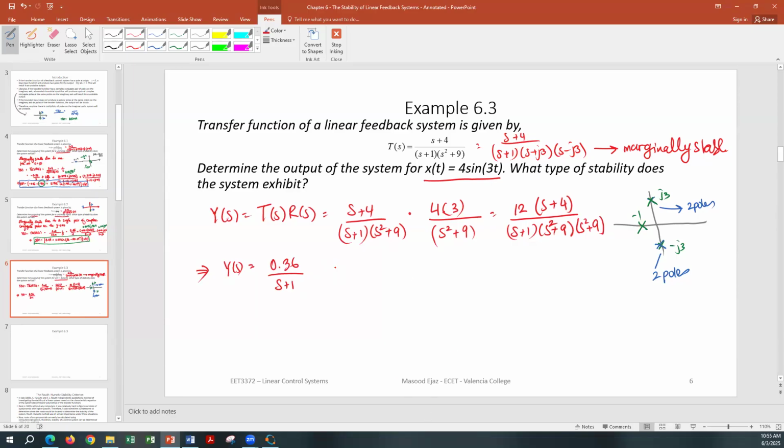And then let's write down the first pair.